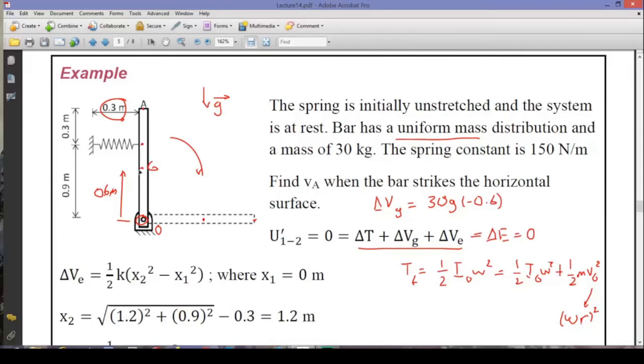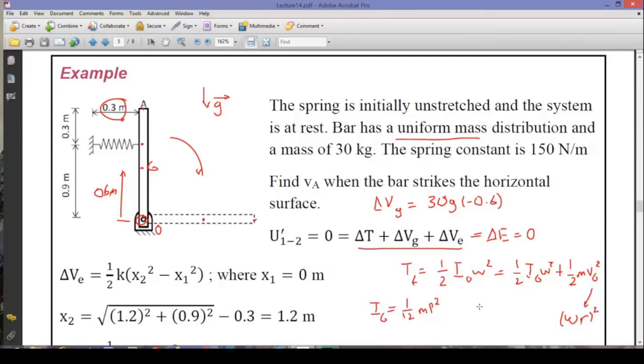either you calculate the mass moment of inertia of this link, and then if we consider that this is a slender rod, Ig in that case would be found as 1 over 12 m L squared, and L here is 1.2, by the way.